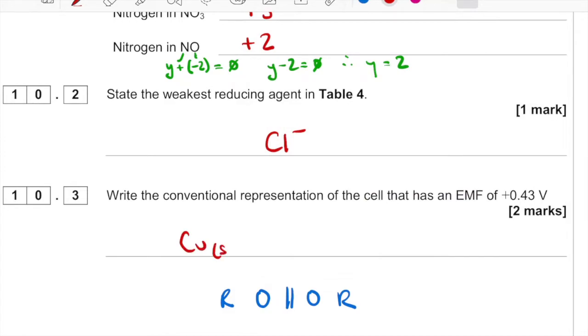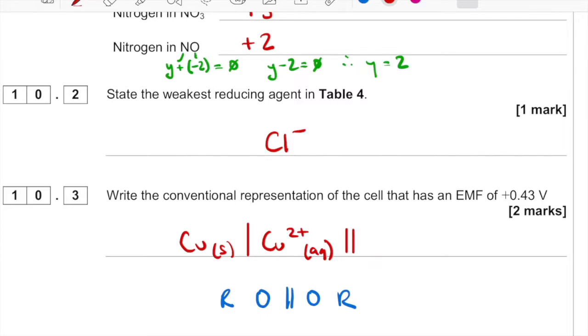I'm going to put the state symbol because I think for our understanding that's important. AQA tend not to really care about the state symbols, but I think they are useful for your understanding. So that's our reduced species. Our oxidized species is copper 2+, and that is aqueous. And because they are different phases, there's a boundary between them. We have to put our vertical straight line there. So that's the left-hand half cell. Then we're going to have our salt bridge, which we represent with the double lines.